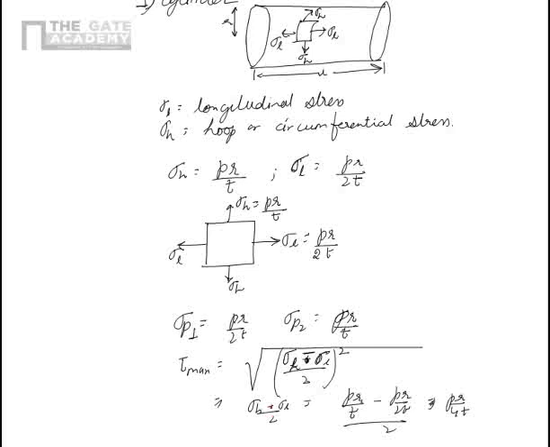Now it's easy to see that this case is very easy to remember, the cylindrical pressure vessel without having any other load except the pressure. But let's see what happens if there is another load.